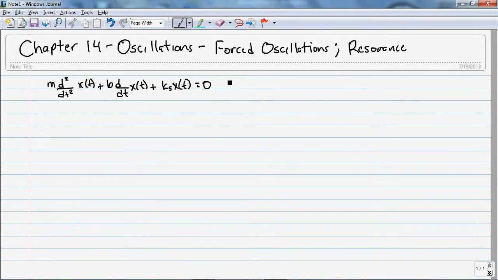And this, of course, we know this is the homogeneous differential equation, but it also describes the natural internal response to the system from itself.